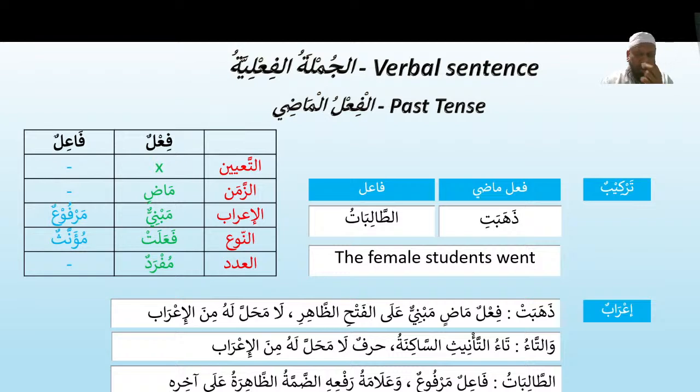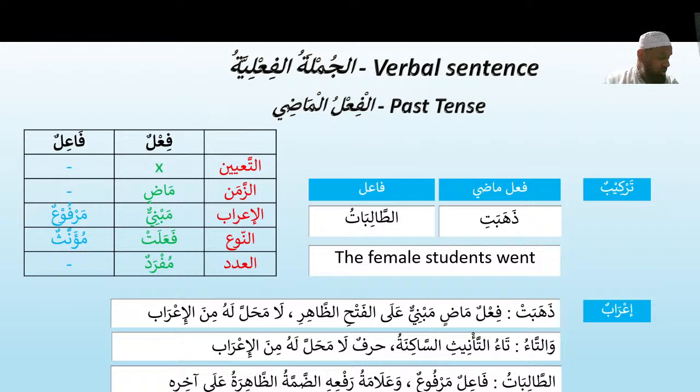Okay. One more thing, if you do remember, when do we use muannas? One more thing left. Who can remember? When do we use either khabar muannas, or now fa'il muannas?